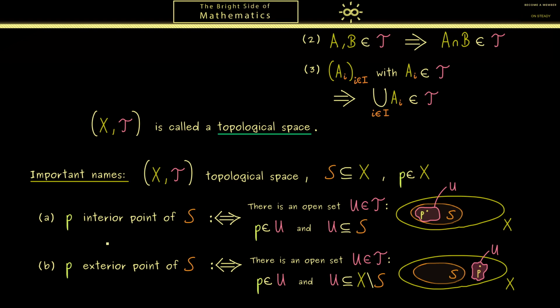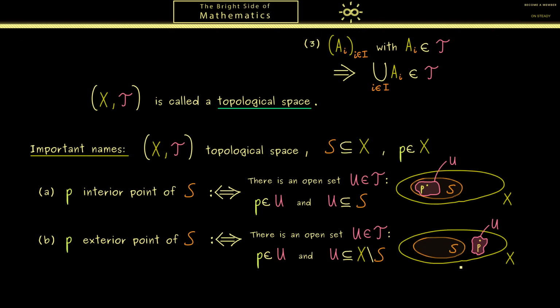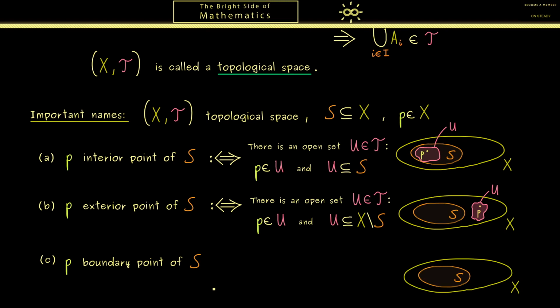Okay, now we have two important terms here, and you see in our picture, we have described all the points inside the set S and all outside of S. Therefore, the points missing are the ones on the boundary of S. For this reason, we could define P to be a boundary point of S if it's neither an interior point nor an exterior point.